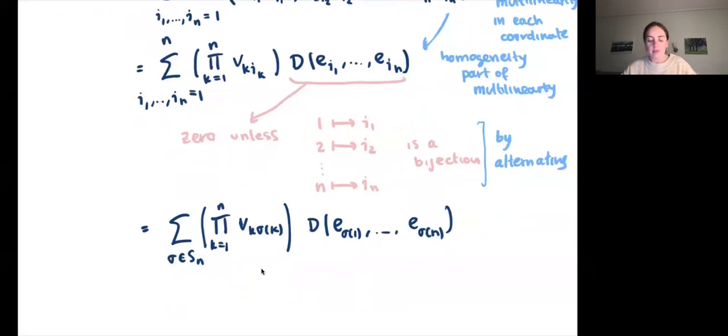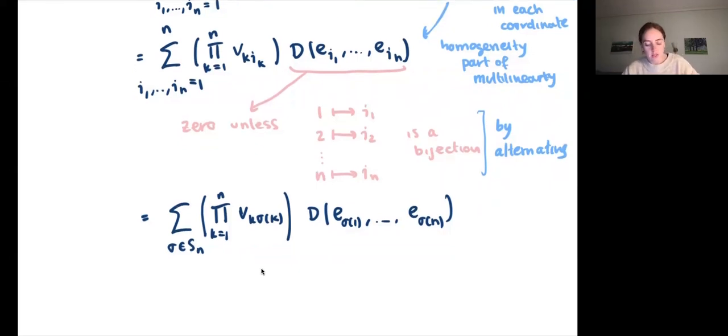Now we know that what does this come out to? This is just going to be the sign of the permutation, because we just need to do some number of switches to get this back to the standard basis in the correct order.